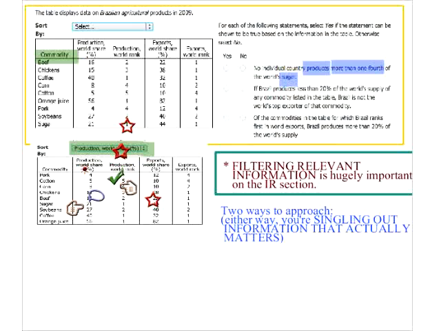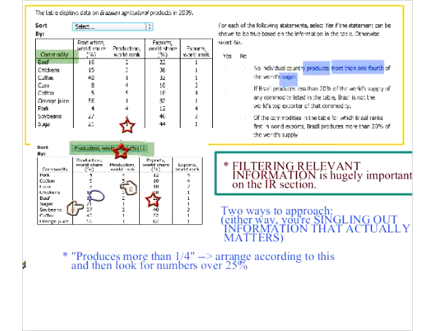So one way to do it is "produces more than 1/4." Then you could arrange according to this criterion, and look for numbers over 25%. Or what you could do is just leave everything arranged by commodity, like the first chart, and look for sugar.